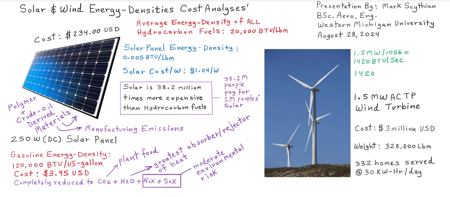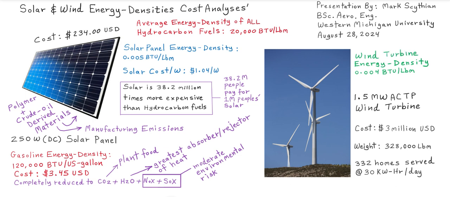So that's 1420 BTU per second in equivalent heat. Okay, then we divide it into the mass of the wind turbine unit. So we get 0.004 BTU per pound energy density, whereas crude oil has 20,000 BTUs per pound energy density.